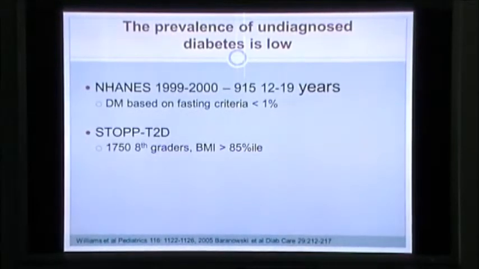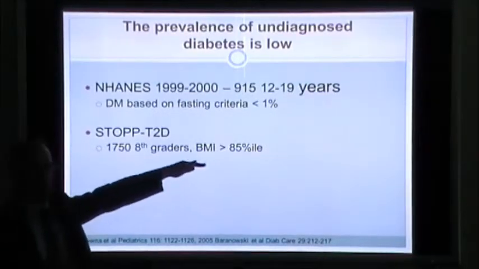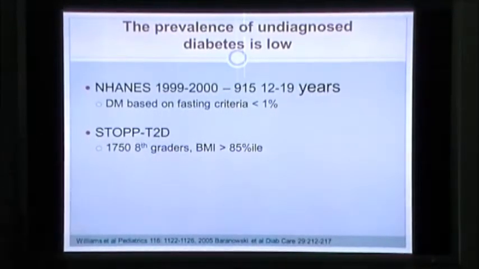And more importantly, a study was done in a very high-risk group of kids, 8th graders, so the peak period of incidence of type 2, as I'll show you, all obese, and as it turned out, predominantly minority 8th graders.